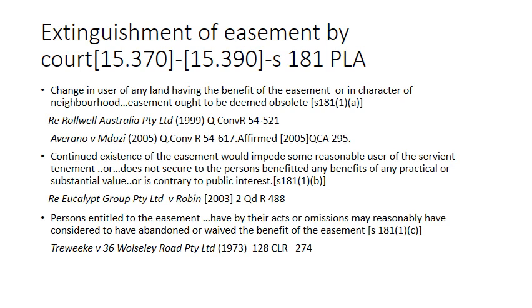Now, in Re Eucalypt Group and Robin, an easement had been created in 1924. That was some 75 years before the application to the court, and it was an easement giving originally access to beachfront properties, which ran between the back fence of the beachfront properties and the beach itself.